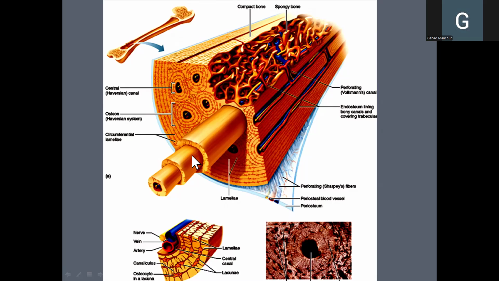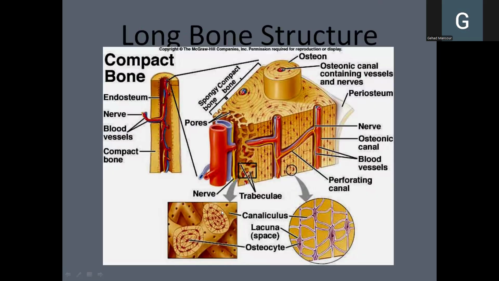And these layers have been formed by the osteocytes, because the arrangement of the osteocytes in the Haversian system is cylindrical. They are arranged in concentric layers. Concentric means circular layers that all have one center.